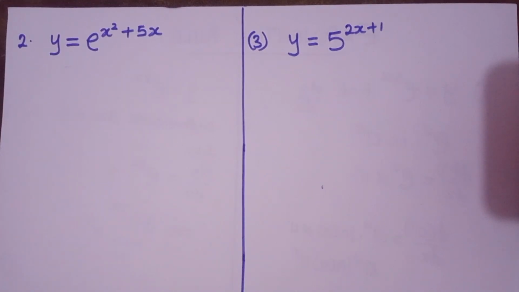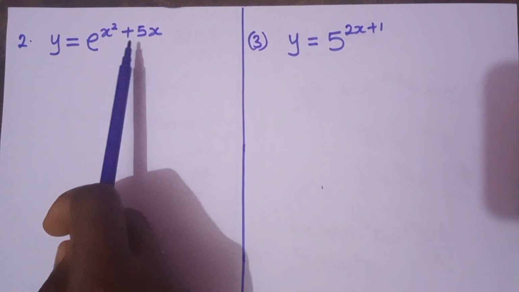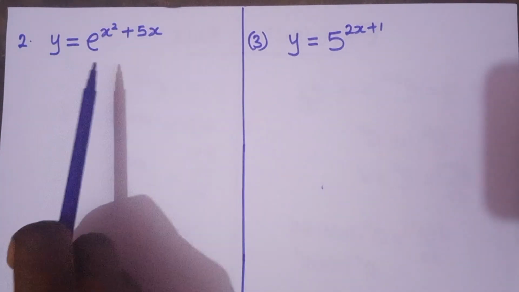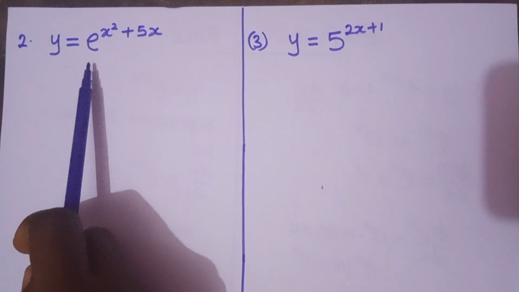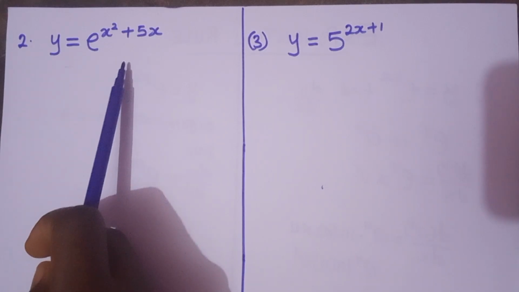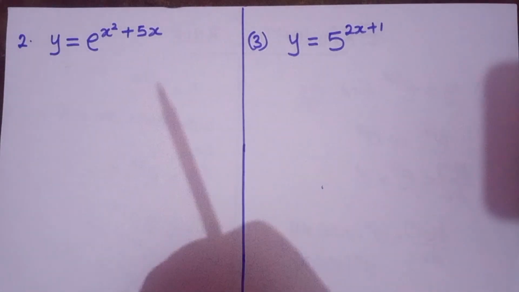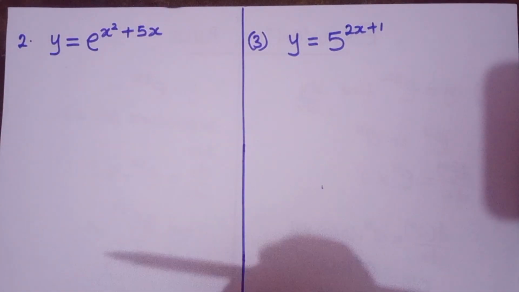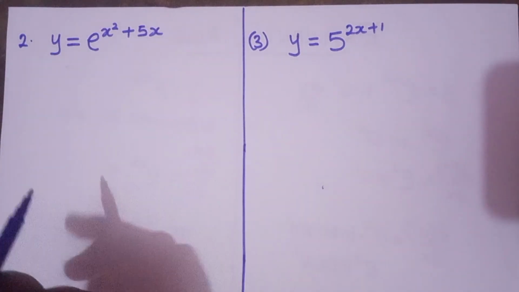Okay, example 2, we have y equal to e raised to power x squared plus 5x. So we have to differentiate this. If you look, this one has become bigger, but you will still use the same process we used while solving example 1. So what are we going to do first?